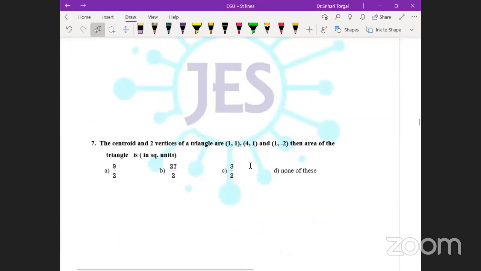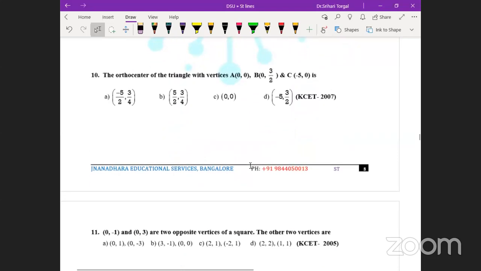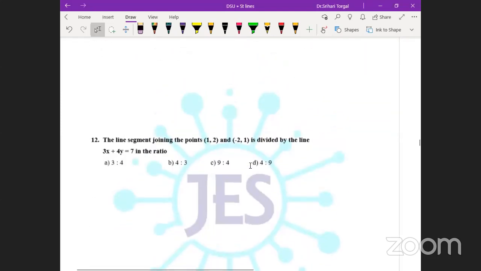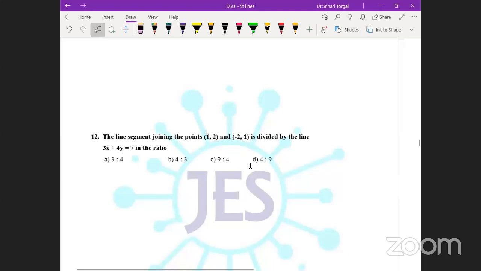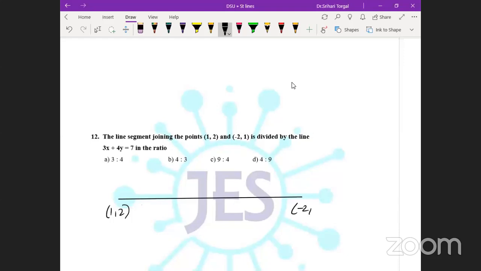Let me take the same type of problem here. Question number 12. If the line joining these 2 points is divided by another line, what is the equation of the line?